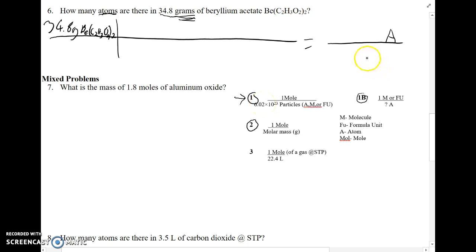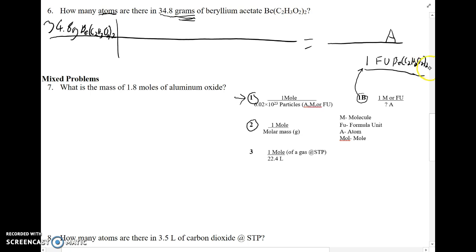So this is 1B: in 1 formula unit of beryllium acetate, Be(C2H3O2)2, there are how many atoms?